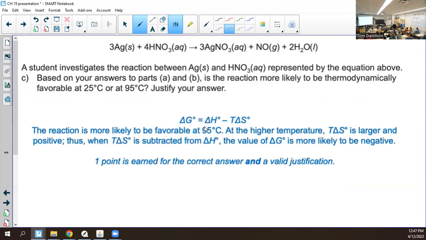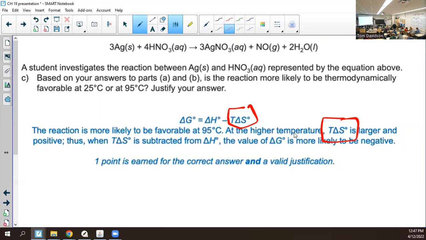At higher temperatures, the T delta S is larger, so the term we're going to subtract is larger. Delta S is positive, which means if we subtract a positive, we're getting closer to a negative number, more negative. Right, because we're going to subtract it. If it's positive, we want a big T to make this more exothermic. We kind of arrive at that one.